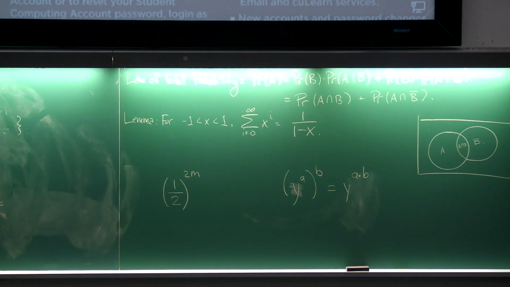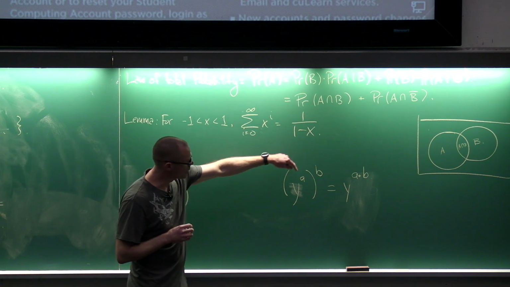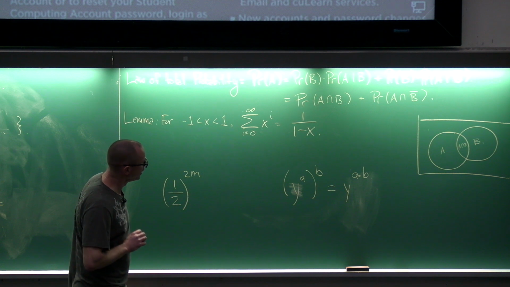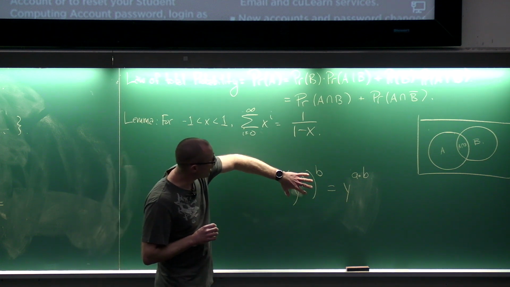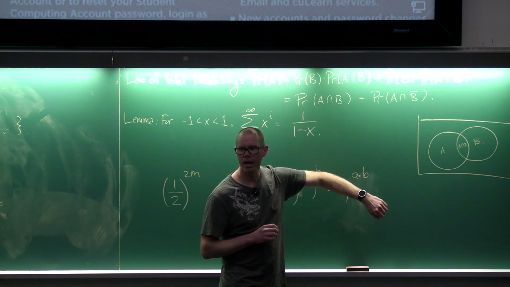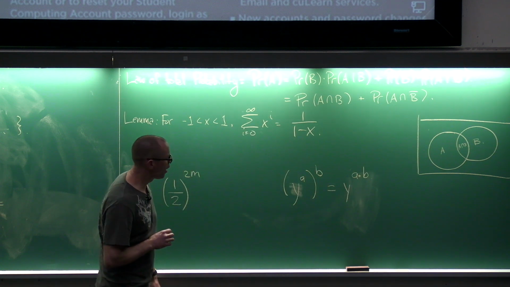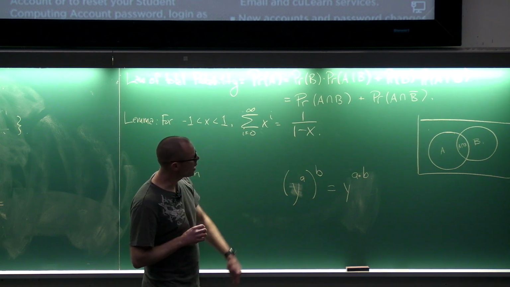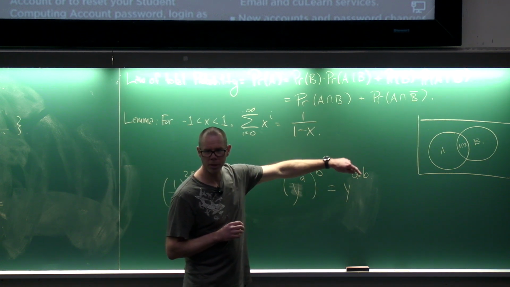So if you remember how to work with exponentiation, that's what this is. You can do that out in a really longhand way. What's y to the a to the b? It's y to the a times y to the a, b times. And now add up all of those exponents. Each one is a, and there's b of them, so you get a times b.